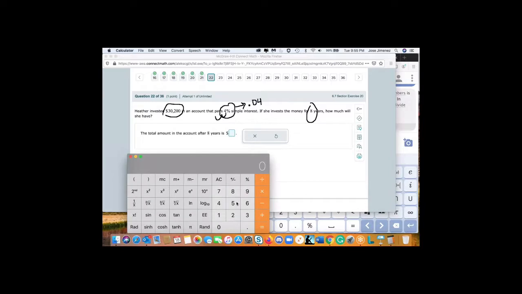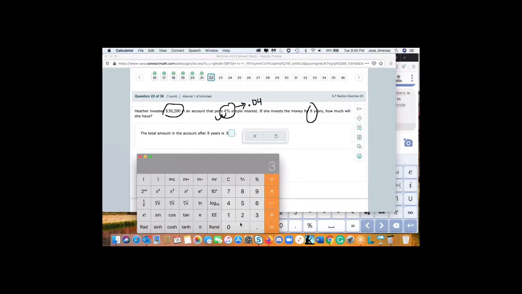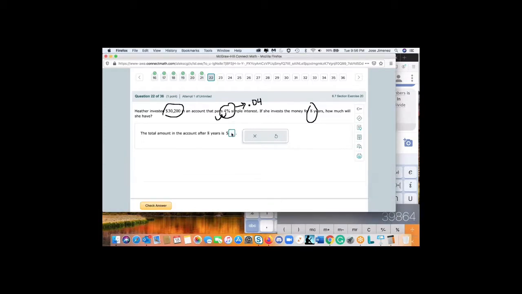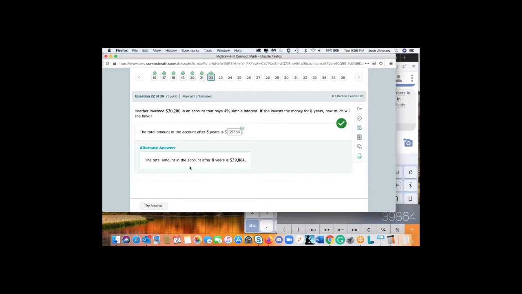Let me start again. 3,200 times 0.04 times 8, then plus 3,200. Okay. So we have 3,984. So the total amount in the account after 8 years is this much.